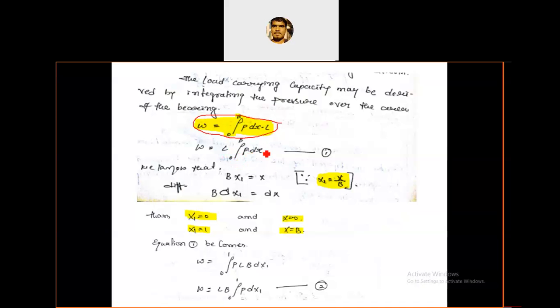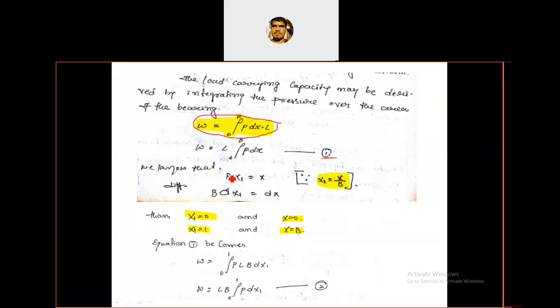So W is equal to L times the integral from 0 to b of P dx. Now we can call it equation 1.